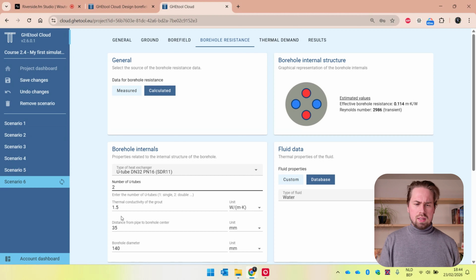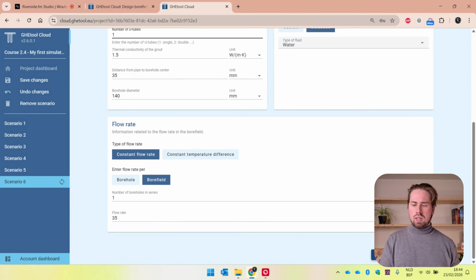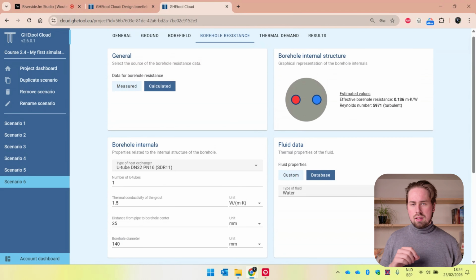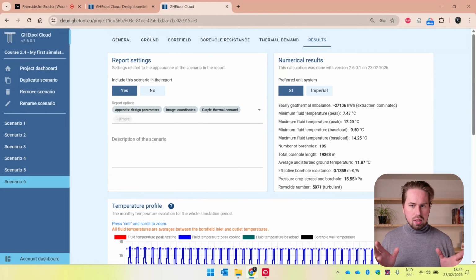Quite a good borehole resistance as well. If we now make it 1, we are absolutely turbulent, almost 6000, but our borehole resistance is a little bit bigger. So let's calculate that. And the reason for that is, if both are turbulent, in this case our convective heat transfer will be even better due to the high Reynolds number, but we have now one probe instead of two.